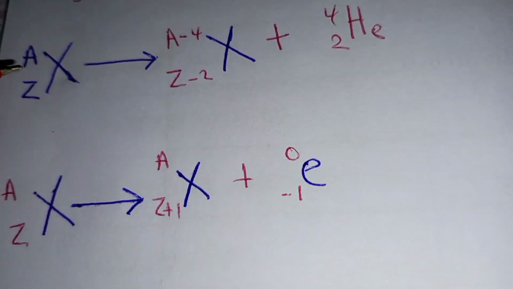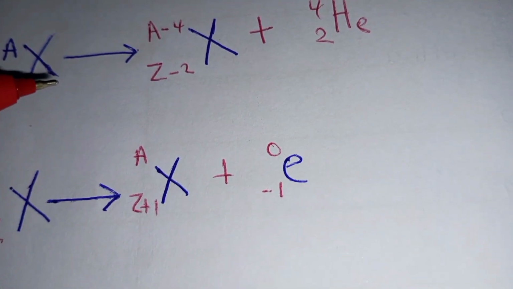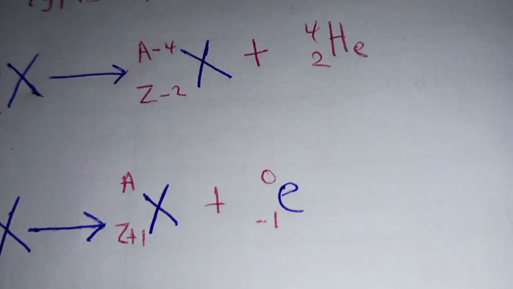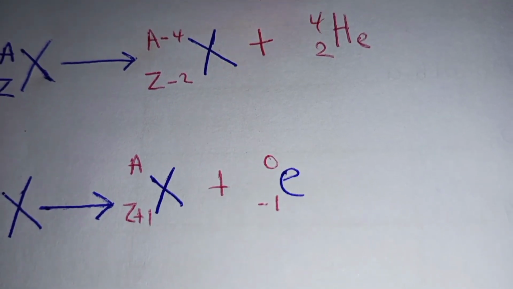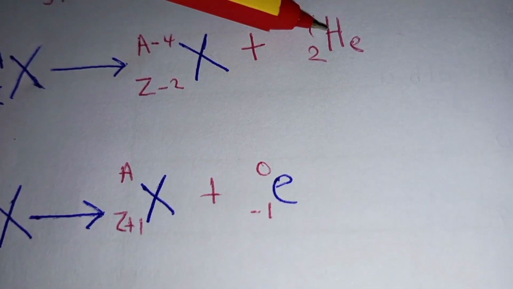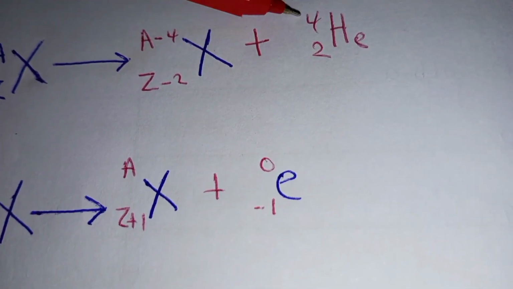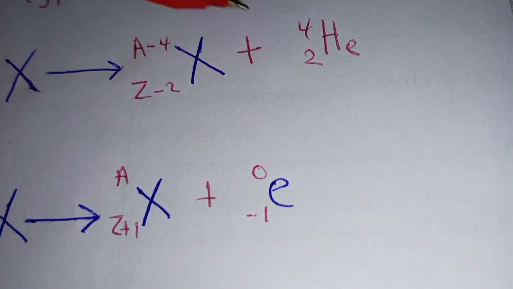Our first consideration is what is called alpha particle. Studies have revealed that alpha particle is basically a helium atom, and this is the chemical symbol for helium, capital He 4 2, where 4 is the mass number and the 2 is the atomic number.